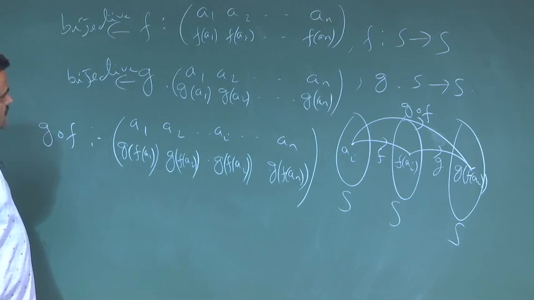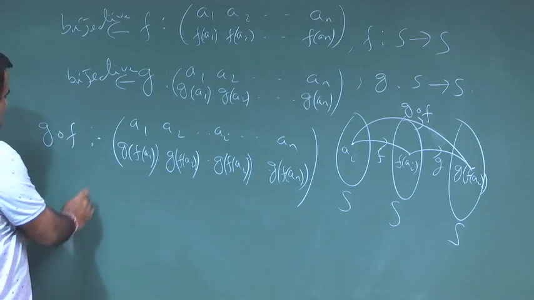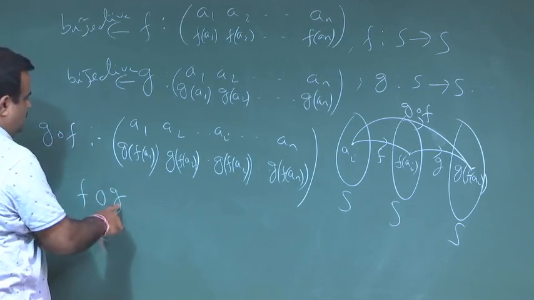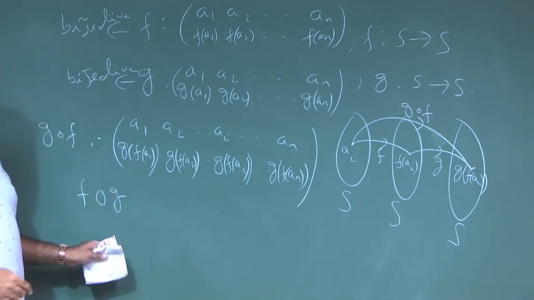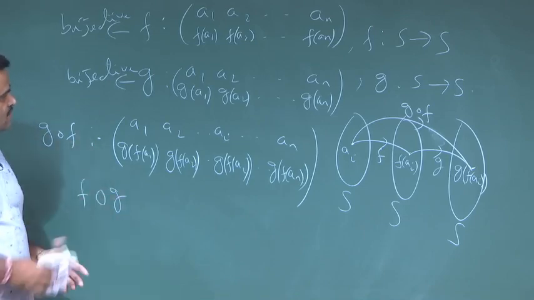This is the g compose f permutation. This is the composition. And if it is f compose g, then we first operate g, then f. This is the convention we use.